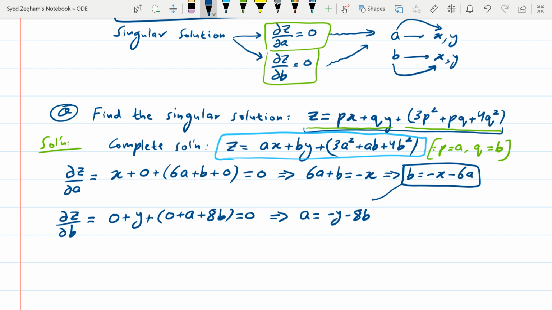And this value of b we will substitute here. So this will give us a is equal to minus y minus 8b. So this becomes plus 8x and plus 48a, right?